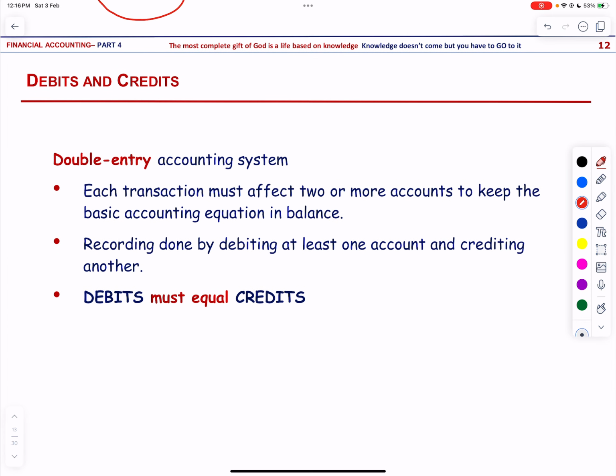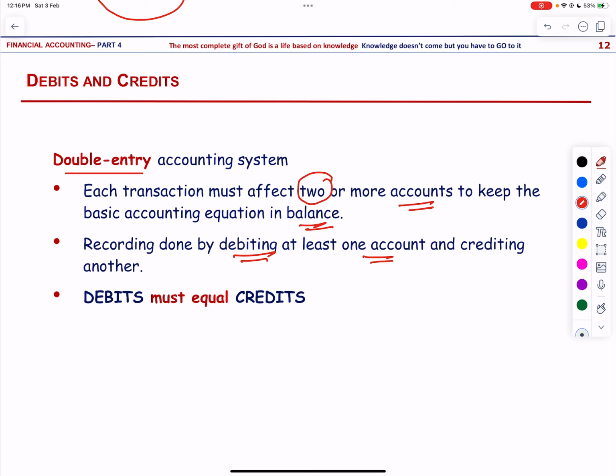So that is what we have learned so far: journalizing is a double entry accounting system. Each transaction must affect two or more accounts to keep the basic accounting equation balanced. Recording is done by debiting at least one account and crediting another. You cannot just debit in a transaction.